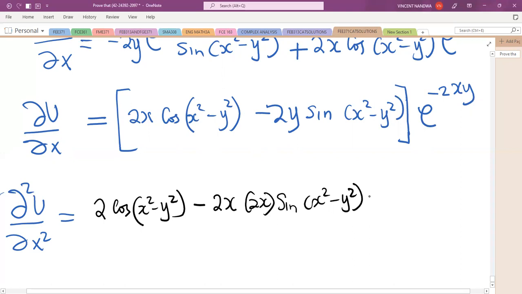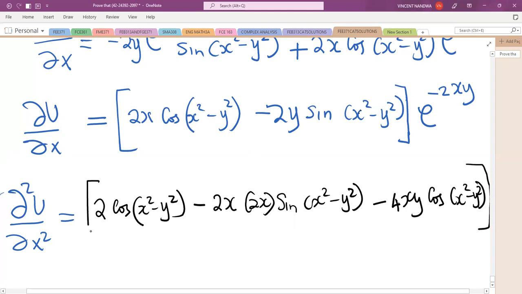And then, so I'll have done the derivative of this part, then plus or minus. So the derivative of this function here with respect to x, because this is the only term that has an x, the derivative of this one will give me 2x. I'll have minus 2 by 2 is 4xy, and then cosine of x squared minus y squared.